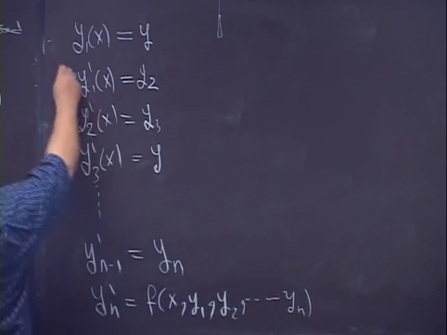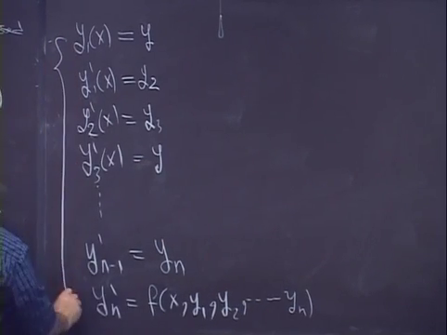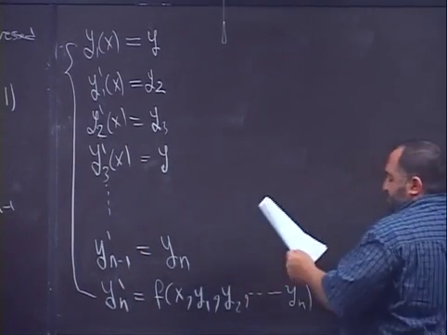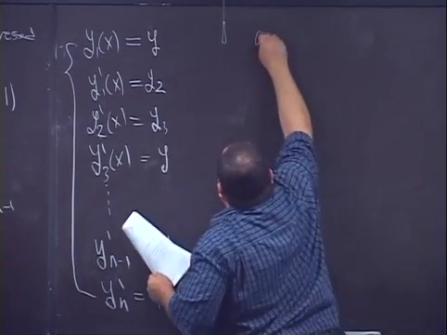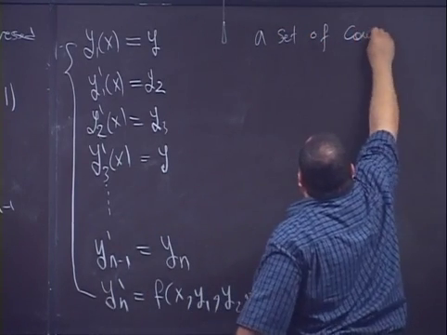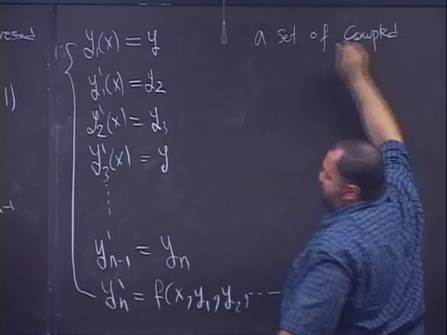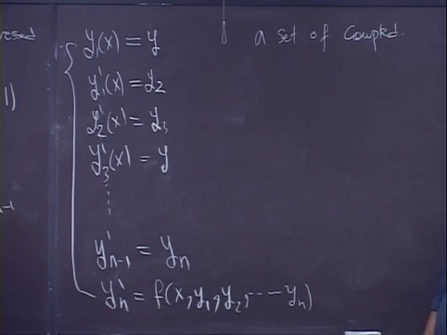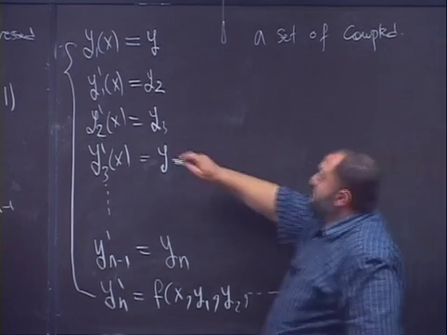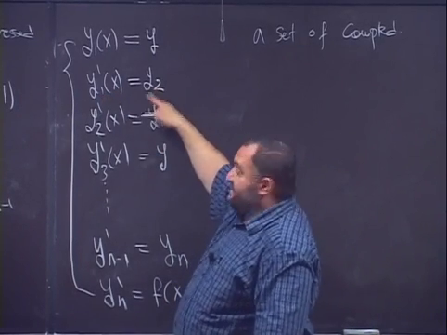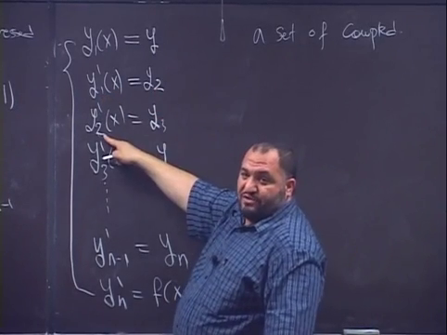So now I obtained a set of coupled equations. Do you know what coupled means mathematically? Coupled means this equation has a variable that's given by a second equation or a different equation.